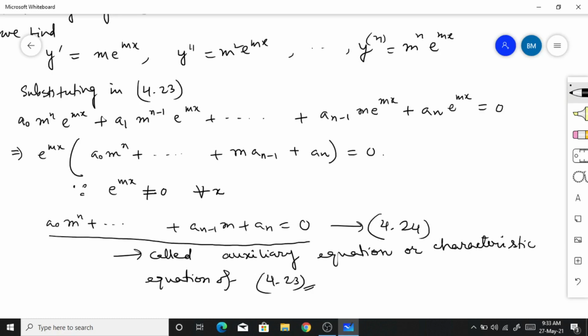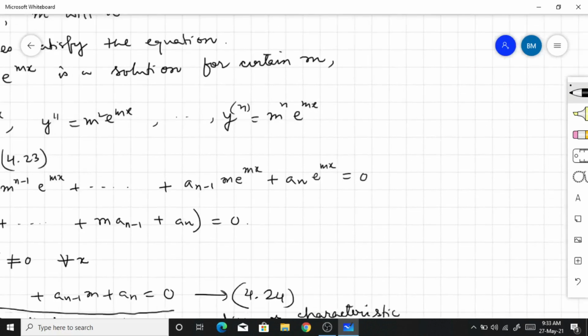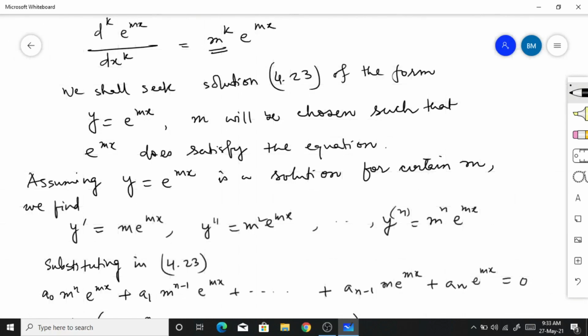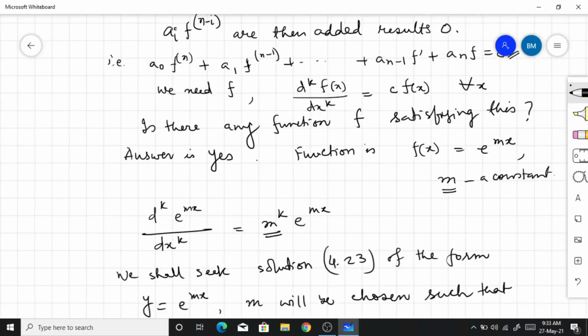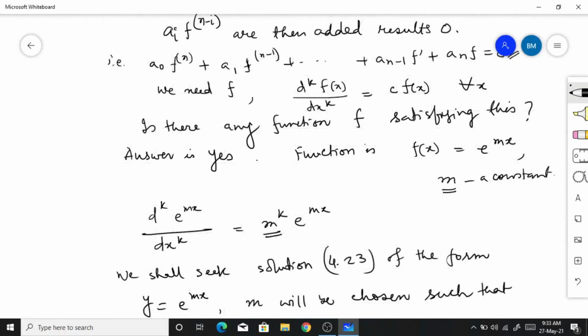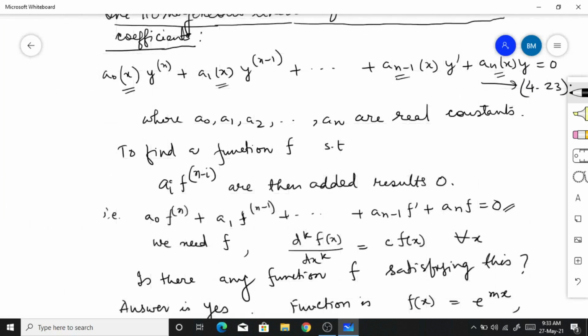Let me show the original equation 4.23. This is the original equation, you see. Here in the first term we had y^(n), the nth order derivative of y. But in the auxiliary equation, in place of y^(n), we have m power n.